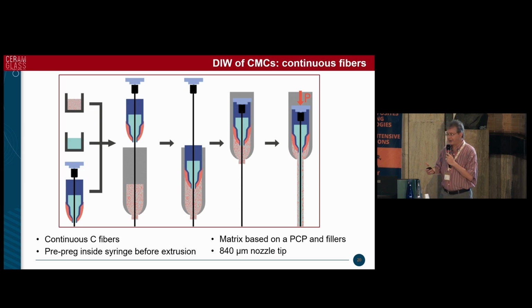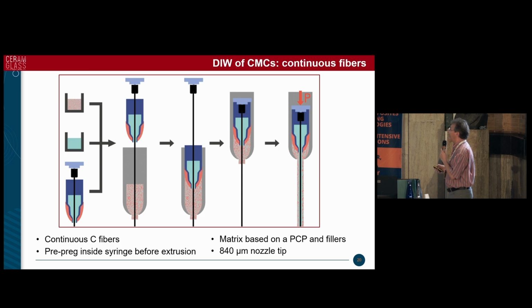The next point was to go towards 3D printing of continuous fiber reinforced CMCs. We had a project sponsored by Kinetic in the UK, and we came up with a device that allows us to extrude continuous fibers. So we have the fibers coming down in this way.